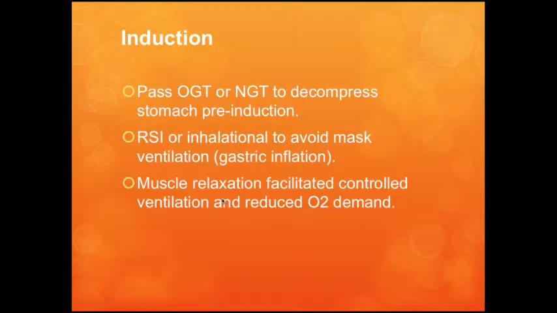So muscle relaxation is essential in these babies. If you've ever anesthetized a really small baby, you find that, just take away the congenital diaphragmatic hernia for a second, if the paralysis wears off and they fight you even the slightest little bit, it can be really hard to ventilate them.